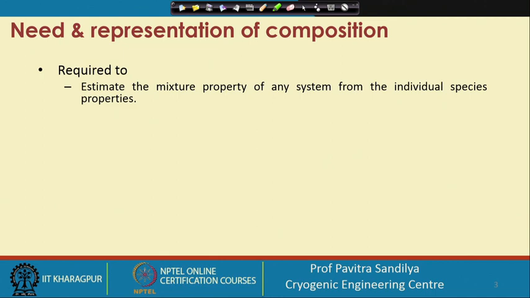For example, we may be knowing the properties like thermal conductivity, density, viscosity, etc. for individual species in a mixture. But when it comes to the determination of the properties of the mixture as a whole, then we would need the knowledge of the concentration of each of the species to determine the average property of the mixture under study.